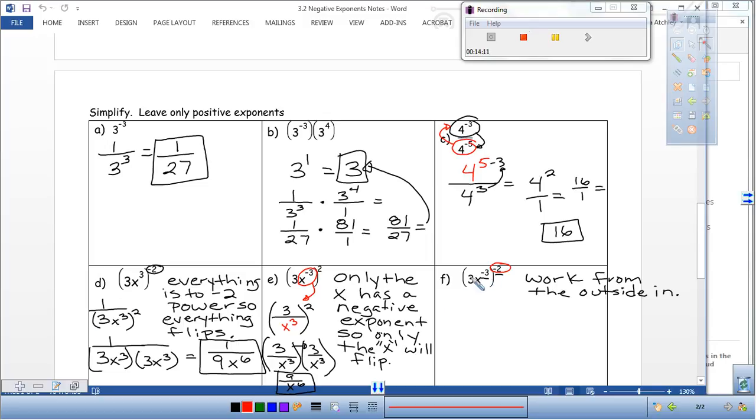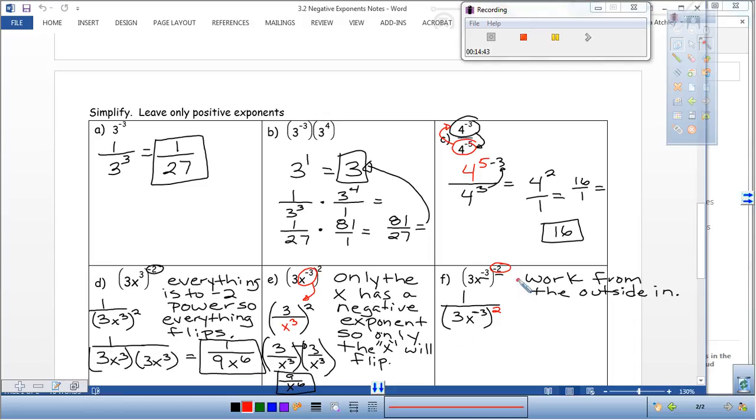Okay, so this one, we're going to flip the whole thing first because of the negative 2. So this is going to be 1 over 3x to the negative 3. This stays a negative 3 because I'm not dealing with that right now. I'm only dealing with this 2. And now this becomes a positive 2. Exponent of positive 2. Okay.